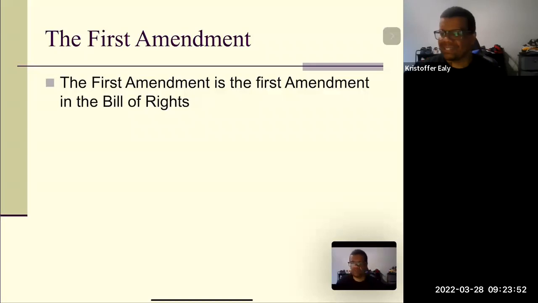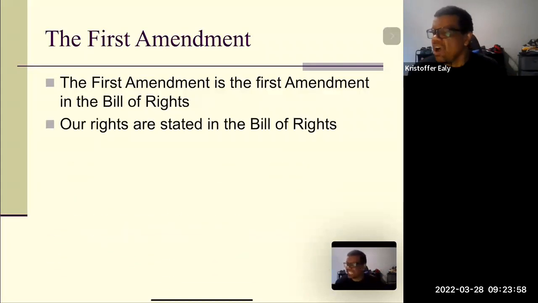So the Bill of Rights, those are the first 10 amendments to the US Constitution. Our rights are stated in the Bill of Rights. So our rights as citizens, as civilians, as people, even if you're a non-civilian, the Bill of Rights says what your rights are.